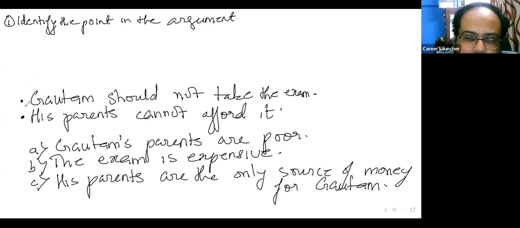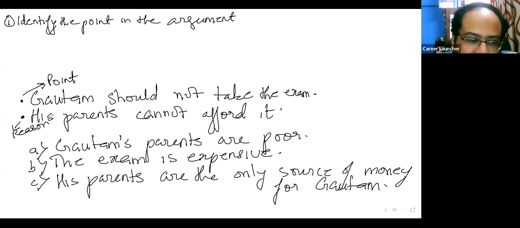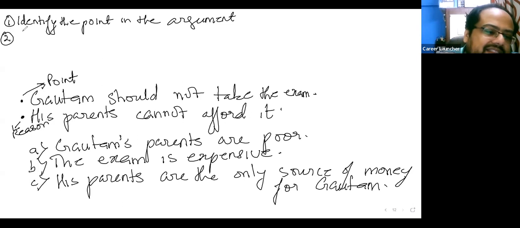Vaishnavi, correct. Siddhant, correct. The first statement is the point. The second statement is the reason. The reason is his parents cannot afford it. That is why Gautam should not take the exam. Now, the second thing that we do is we look at the answer options.